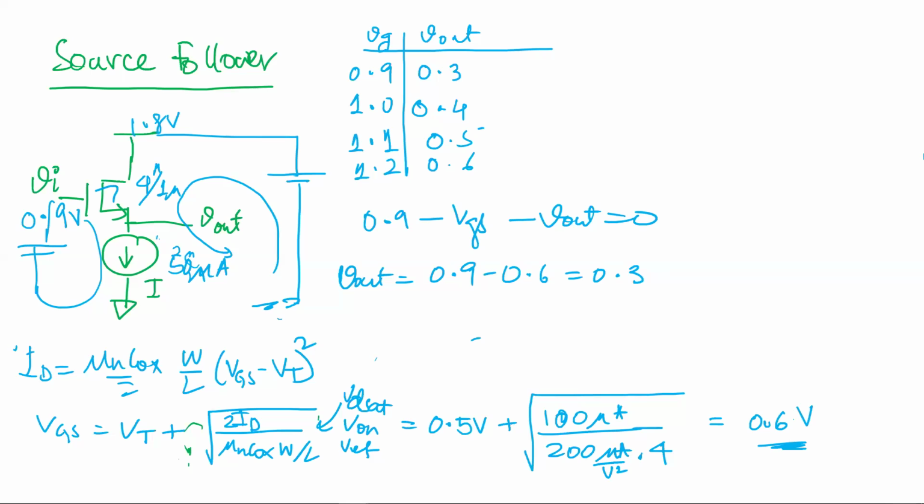So remember the linearized model for the transistor. We are ignoring the body, so this is gate, source. So this will be VGS, and this current is gm VGS, and then you have RDS, and that's the drain, right?